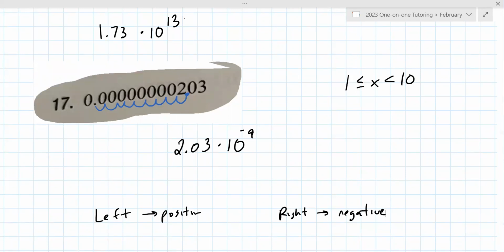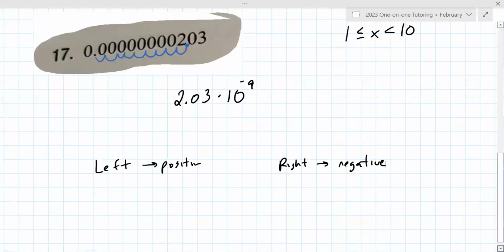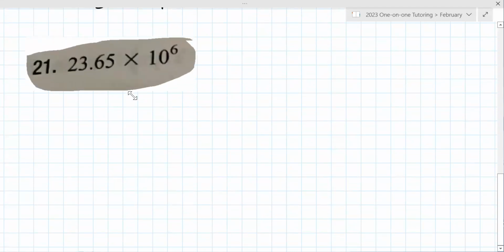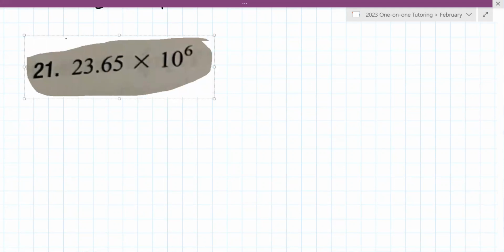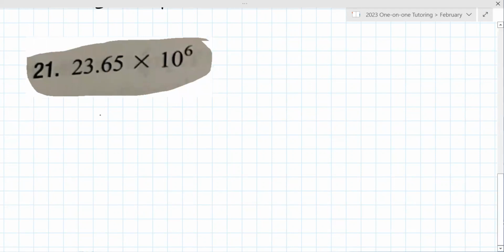Now where that really comes into play is with 21, where you have to use the fact that you're moving the decimal right or left based on the exponent. This one is telling you to move the decimal 6 places right.